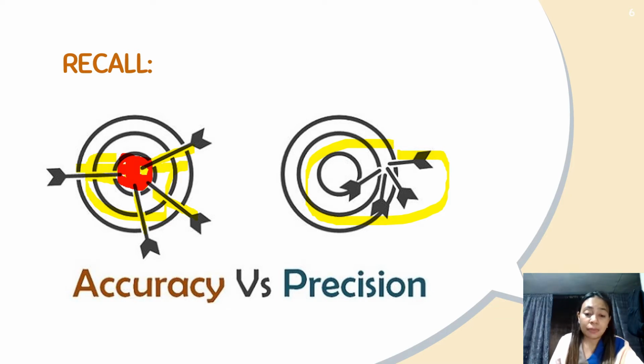But if the readings are close to each other, not exactly the same readings, like these four dots near each other, then it's precise. Accurate means it hits the target value, and it's precise if the readings are close to each other, even though it did not hit this mark.